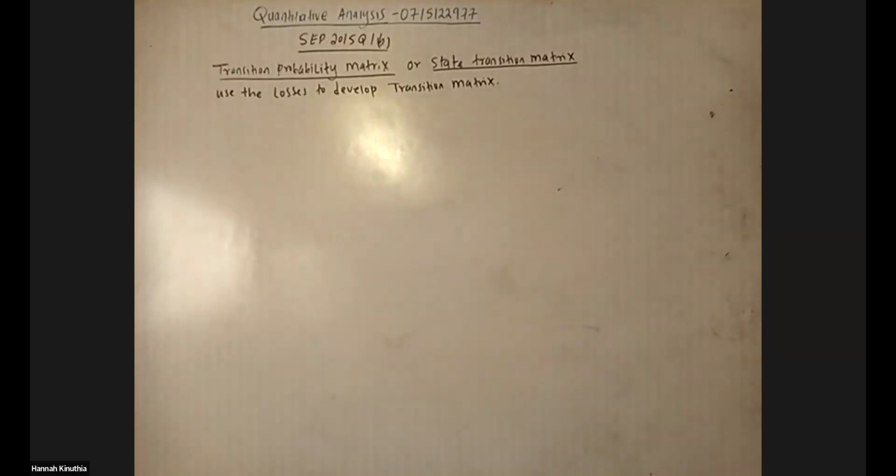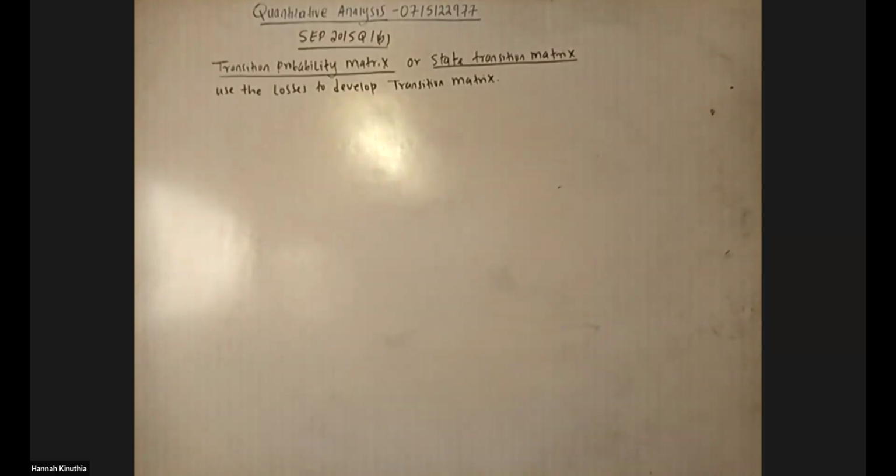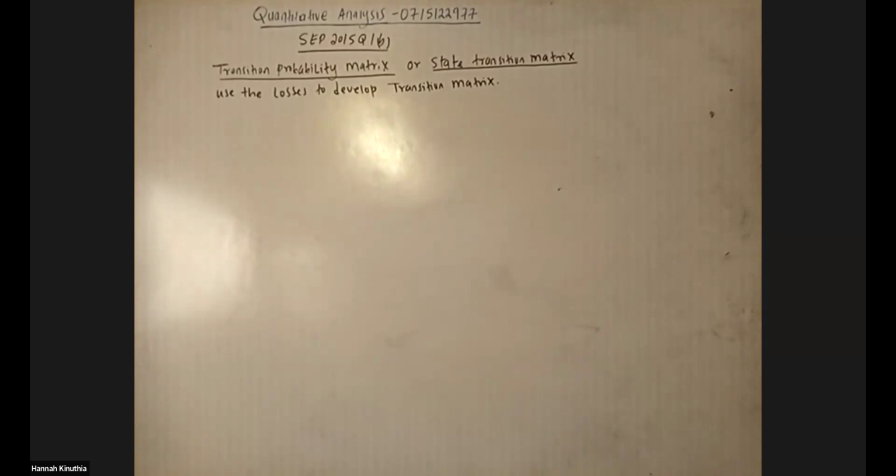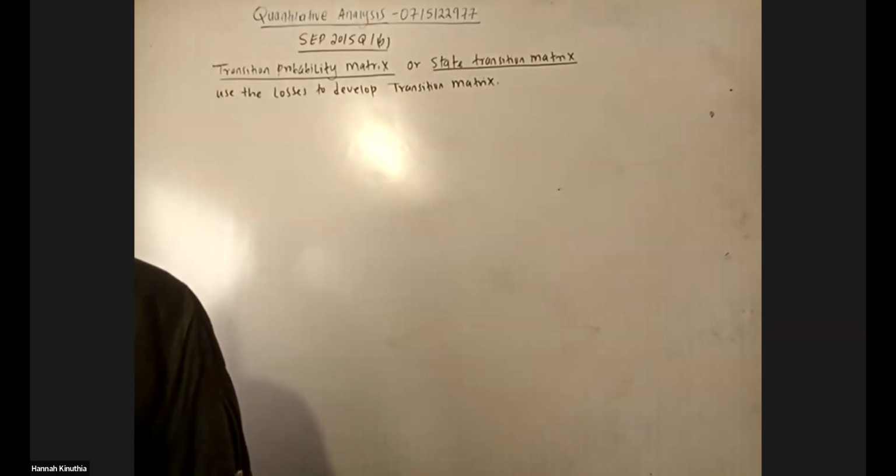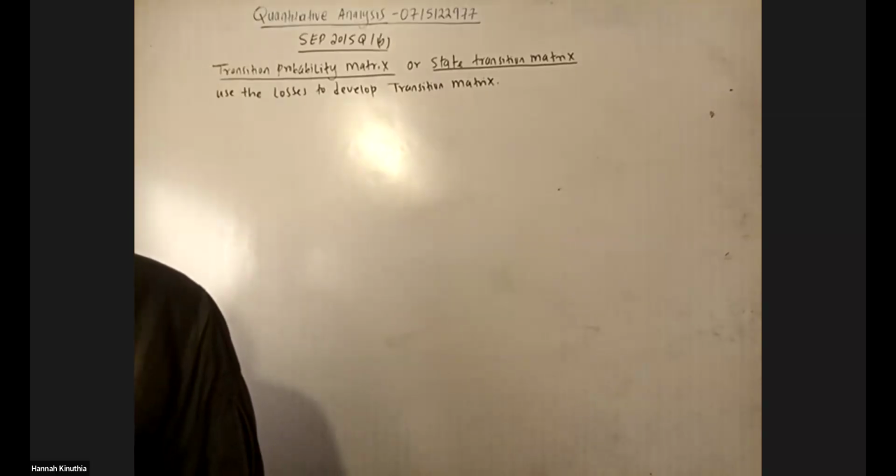Use the losses to develop the transition matrix. Now, how are we going to use the losses?